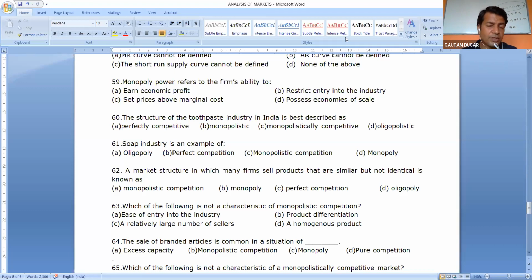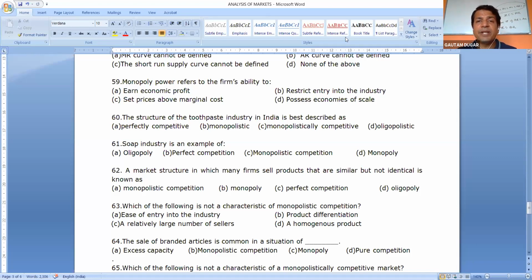Under monopolistic competition, all the firms are definitely price makers. They are not price takers, they decide their own price. But there is rivalry among the firms, but they fight with each other not on the basis of price but, I'll repeat, on the basis of advertisement or selling expenditure.